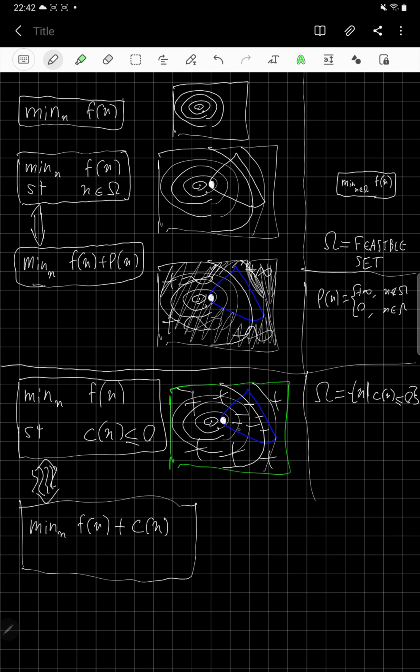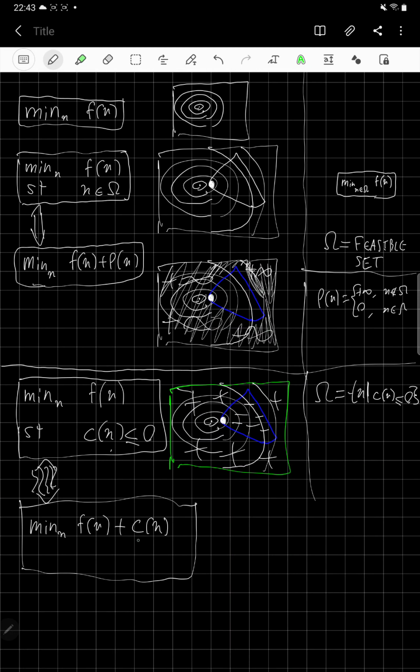Because the best values are the low values. So the outside value, we make the outside bad by making them positive. Outside this is positive, so the function is going to be worse. And inside this is going to be negative, so the function is going to be better. More negative, more lower, so it's going to be better.